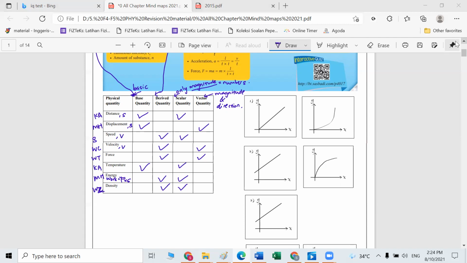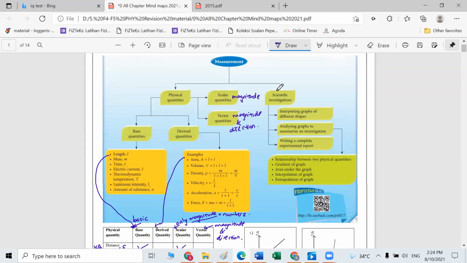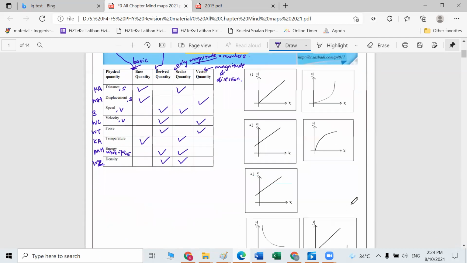Now, scientific investigation about the graph. Okay, so we can see here. This graph shows what? Right? Minh Hong, number 2. Yeah, this is number 3, 4, 5, 6, 7.